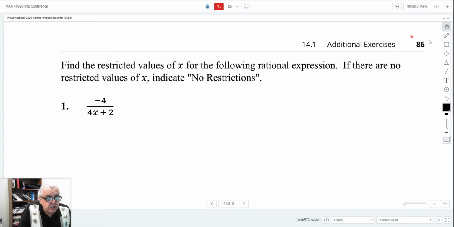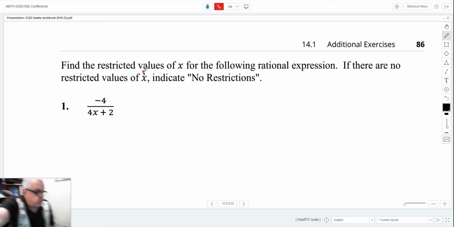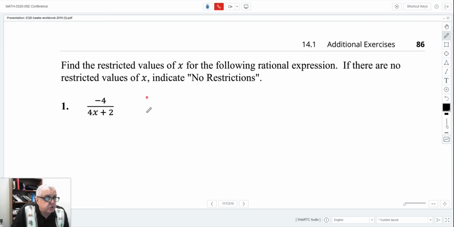Find the restrictions for the value of x. So anytime you're looking for restrictions and we're dealing with fractions, the only restriction we have is the bottom of the fraction cannot equal 0.